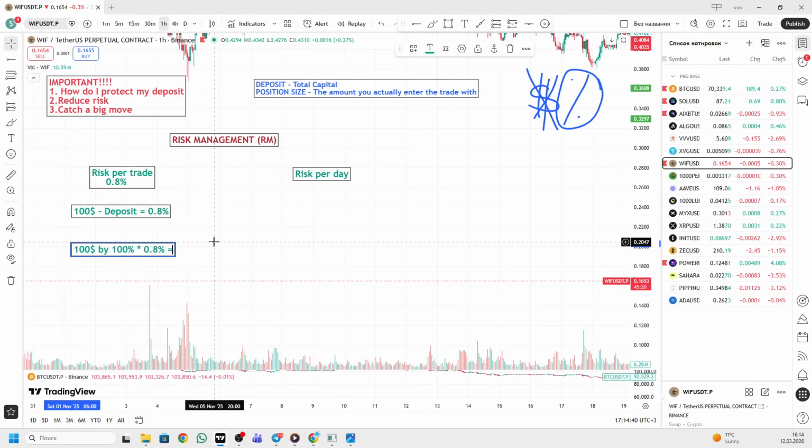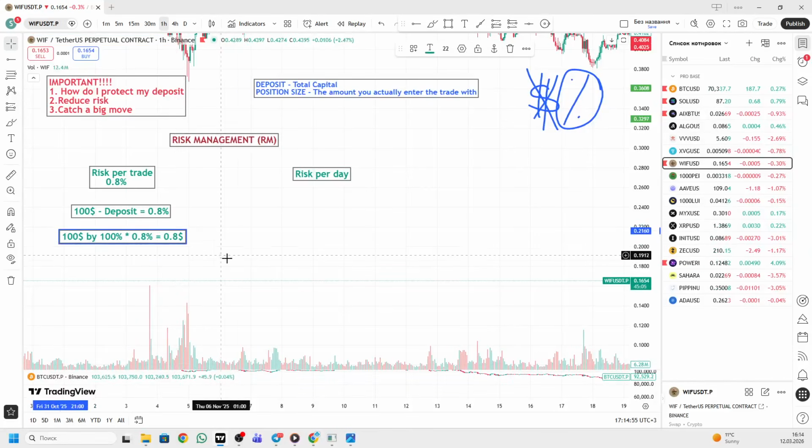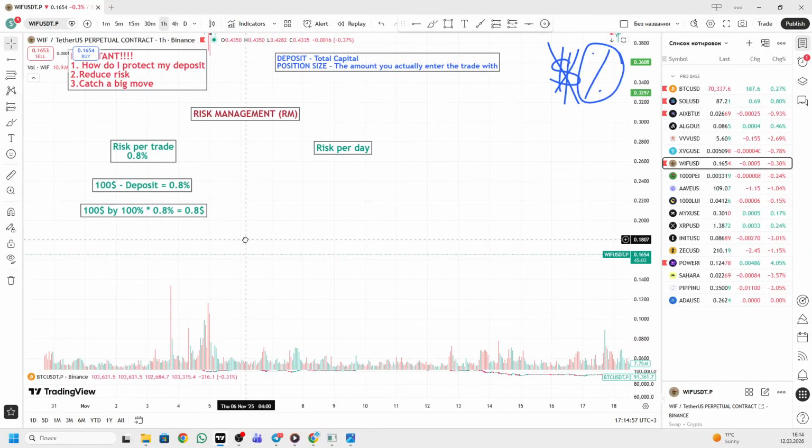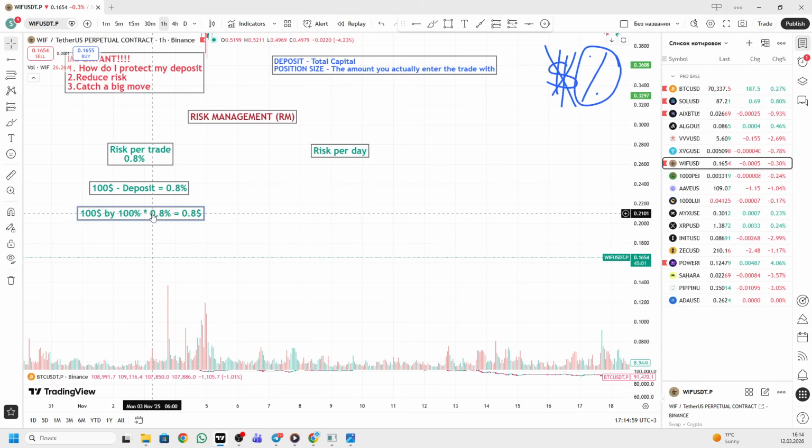It gives us $0.8, or 80 cents. That is your maximum allowed loss on the trade. On the trade. Okay? And to be honest, losing 80 cents out of $100 is completely acceptable.